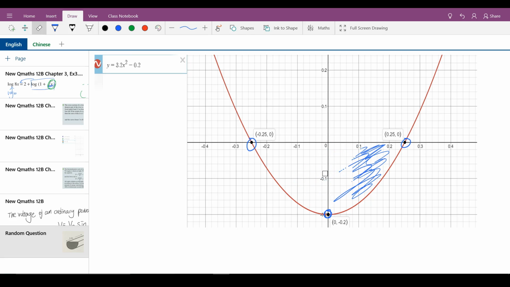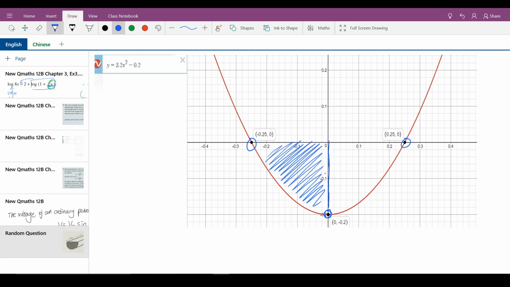I know parabolic equations are symmetric. That means at the middle axis, this side is the same as this side, because the whole thing is symmetric.